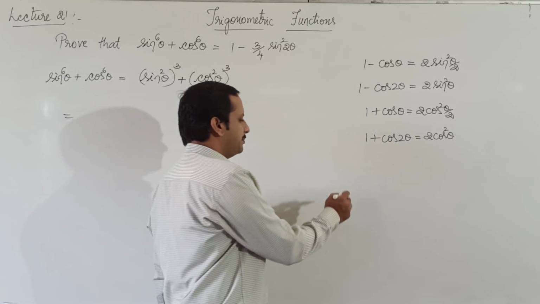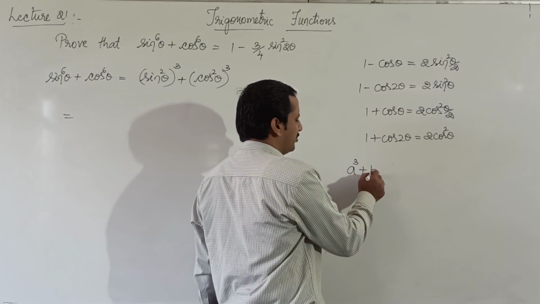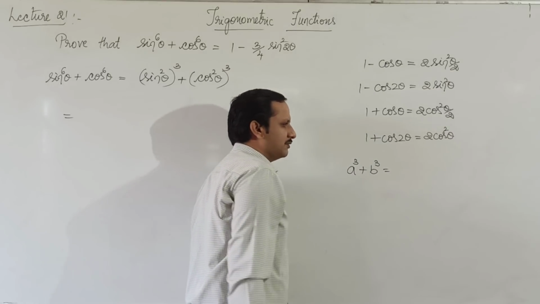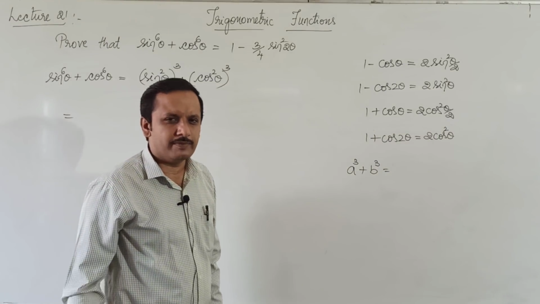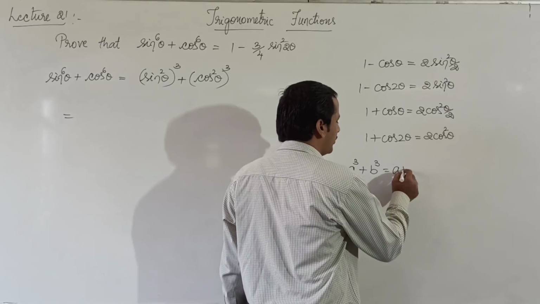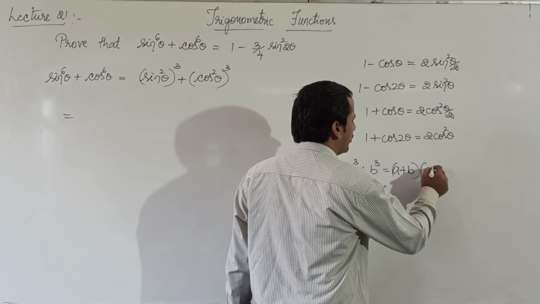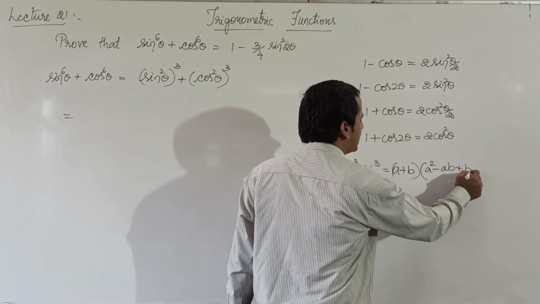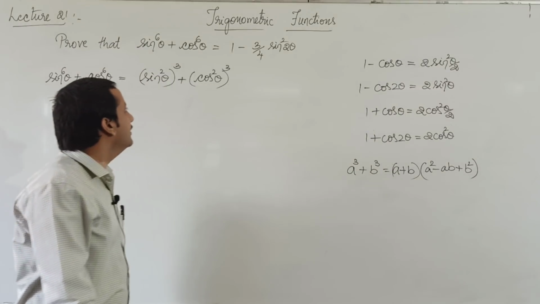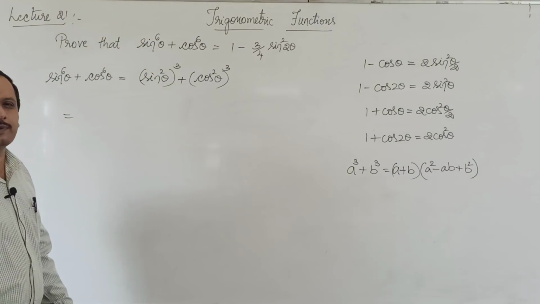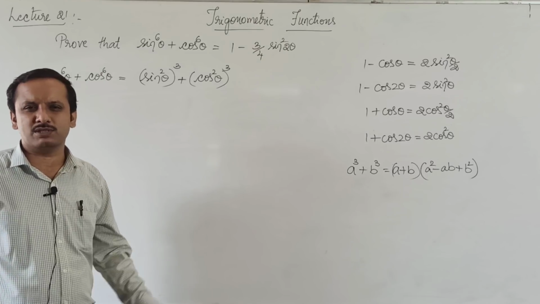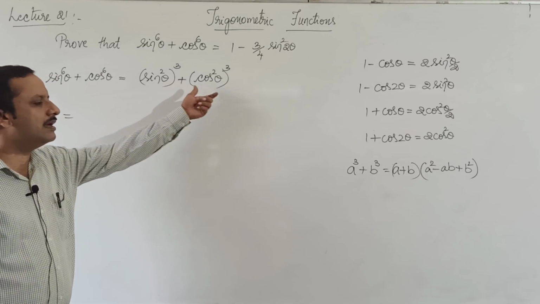A cube plus b cube, you know the formula, what's the formula? Can anybody tell me? Yes, you're right. This is equal to a plus b into a square minus ab plus b square. That formula I am using here.